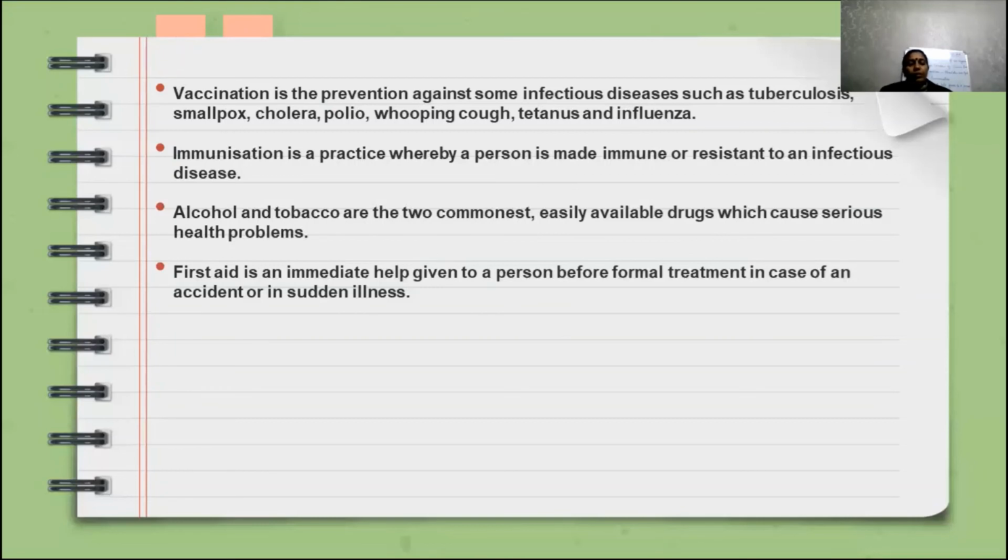Otherwise, if this is not possible, we need to use an eye wash. Normally doctors use boric acid as an eye wash. If these methods are not successful, we need to take the person to the physician at once to remove the foreign body.